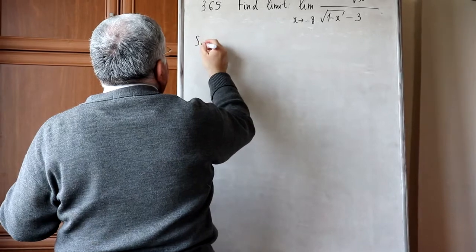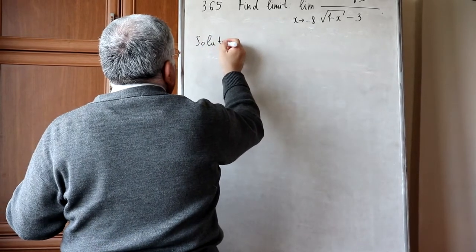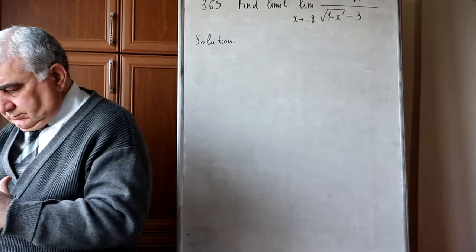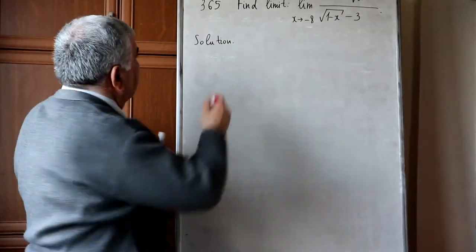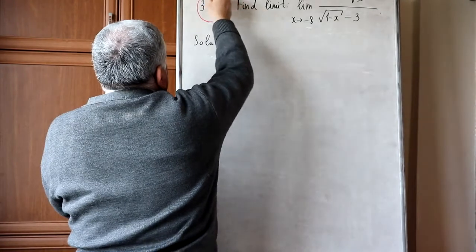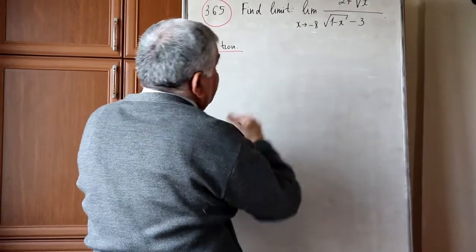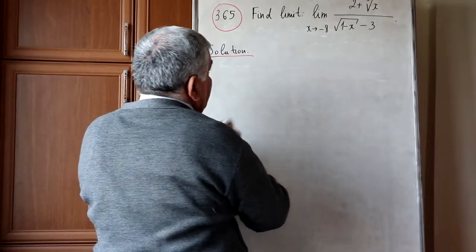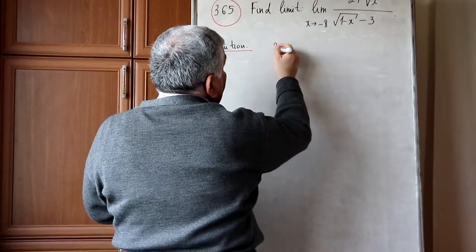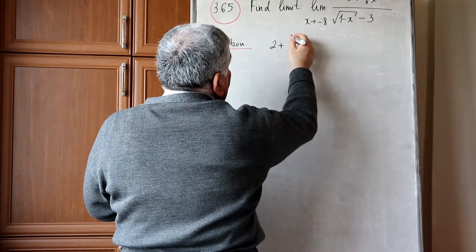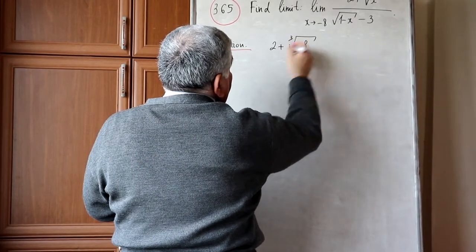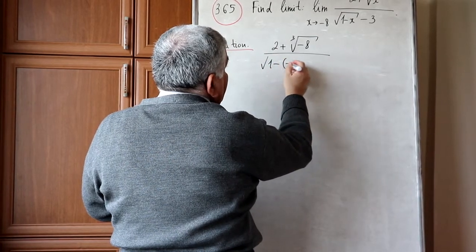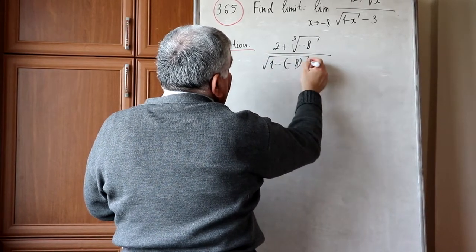Solution. First, substitute minus 8 instead of x in the given expression. 2 plus cube root of minus 8 over square root of 1 minus minus 8 minus 3.